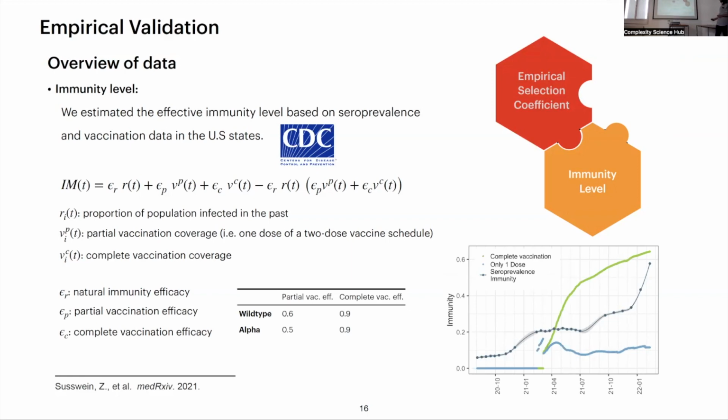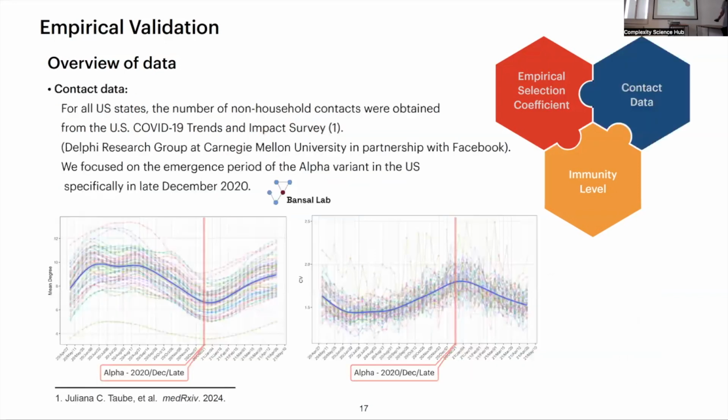So this is the time series of vaccination coverage and seroprevalence immunity. Okay, contact data. Finally, we use survey data on the number of contacts individuals have during the course of the alpha variant in different states in the US.